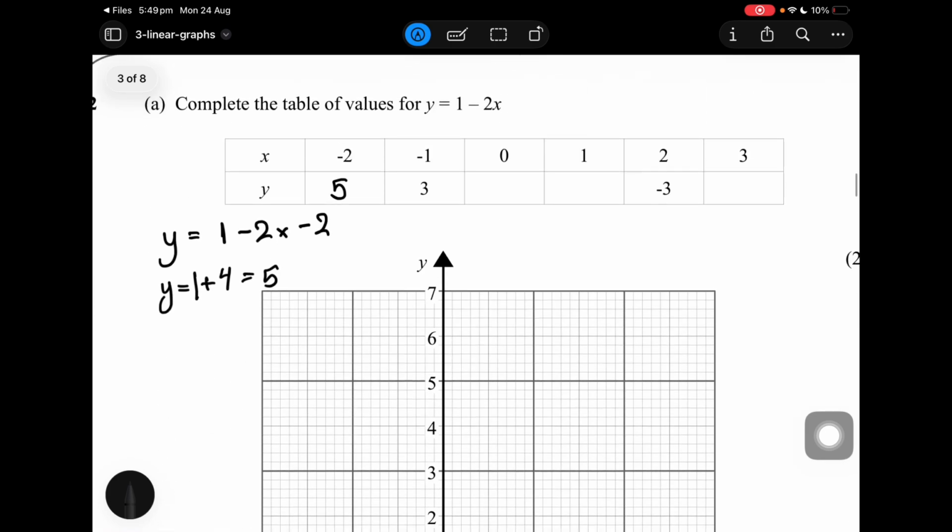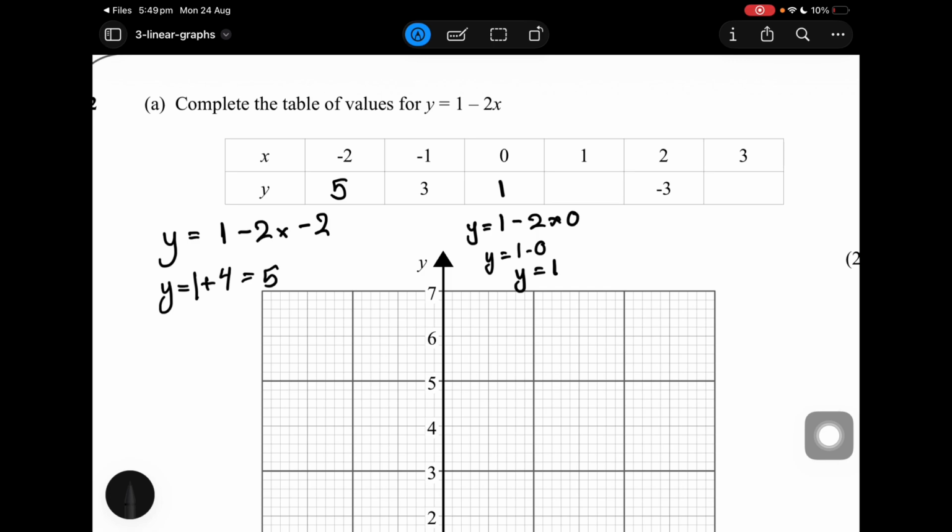So 5. Then the next one, y is equal to 1 minus 2 multiplied by 0, which is equal to 1 minus 0, equal to 1.